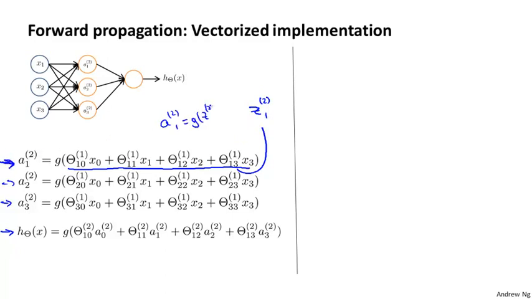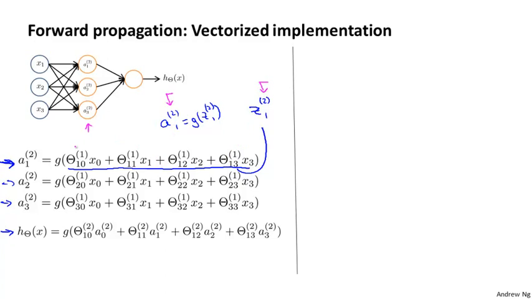And by the way, this superscript 2 in parentheses means that the z2 and this a2 as well are values associated with layer 2, that is with the hidden layer in the neural network.